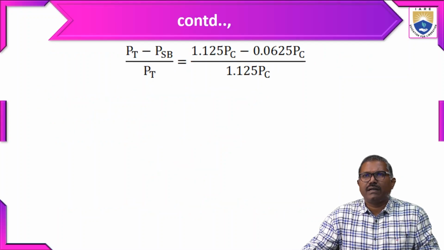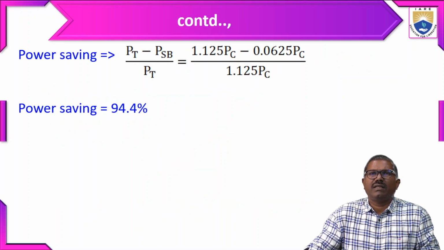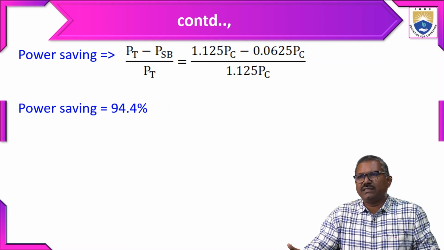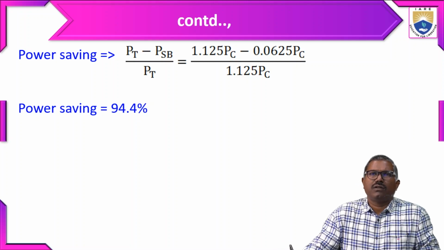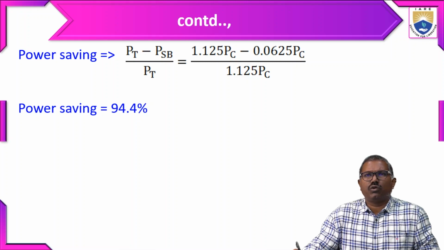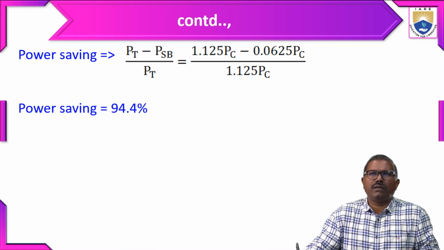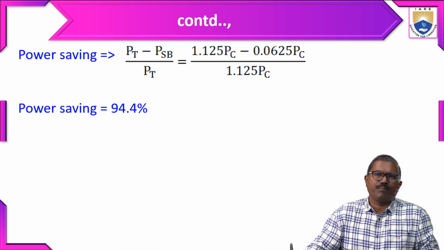Now here my modulation index is reduced to 0.5. Now the power saving formula is total power minus sideband power, divided by total power. So it is equal to 1.125 Pc minus 0.0625 Pc, divided by 1.125 Pc.